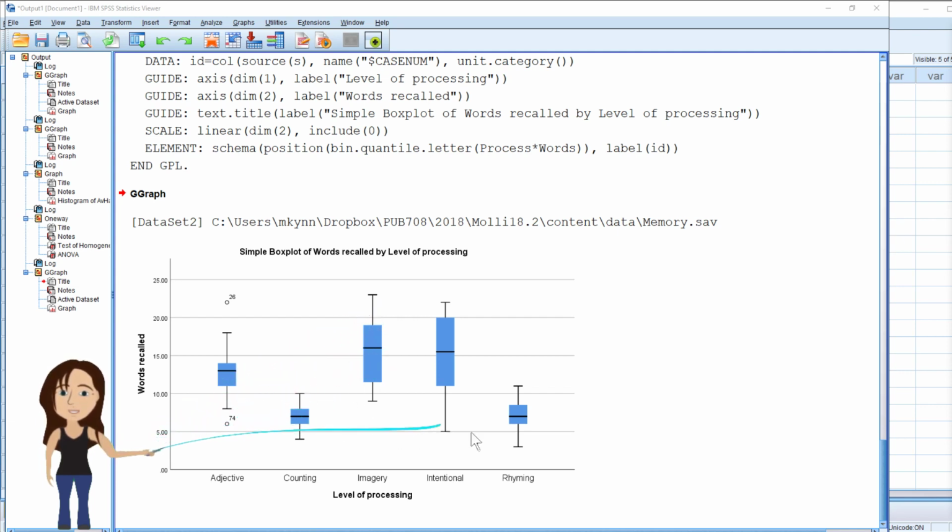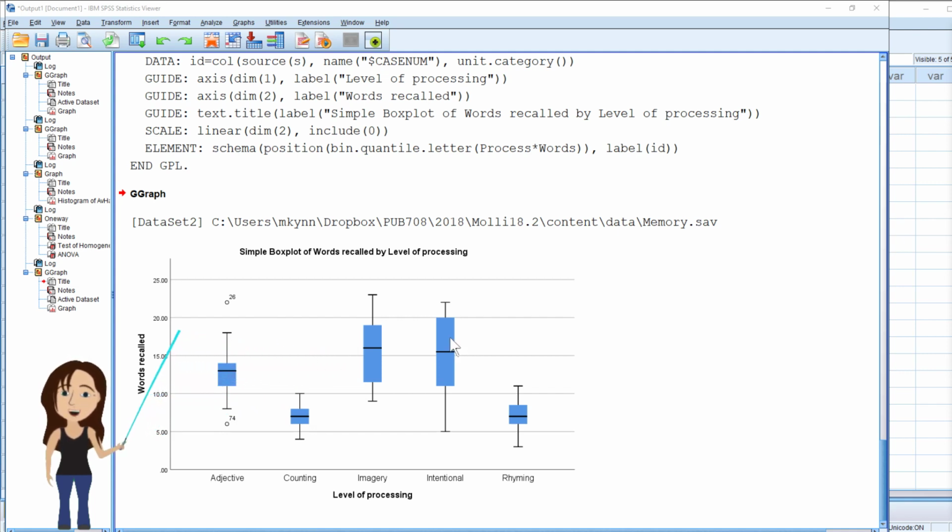And then in the counting and rhyming groups, it's interesting that rhyming doesn't do very well, but anyway, these are much more compact, so it seems to be, I would say, equally bad for everyone in remembering words. So it looks already that we might have a difference in the variation between the groups, which is assumption number 6, so we'll get to that in a bit. But you can often see that when you're looking at the box plot.